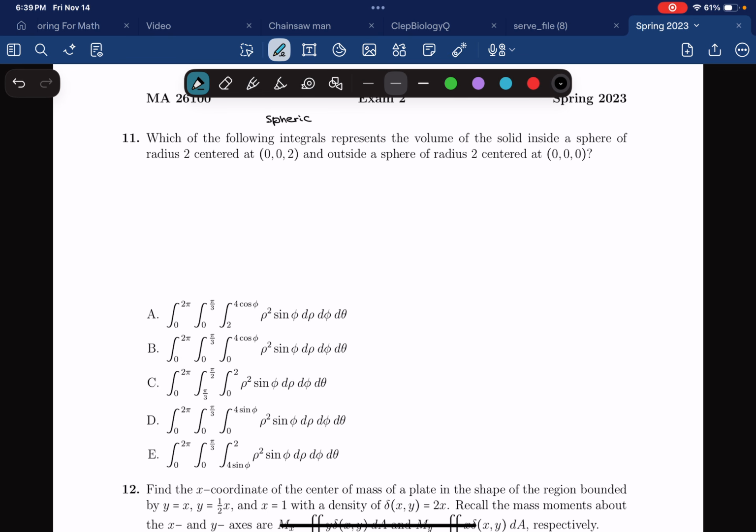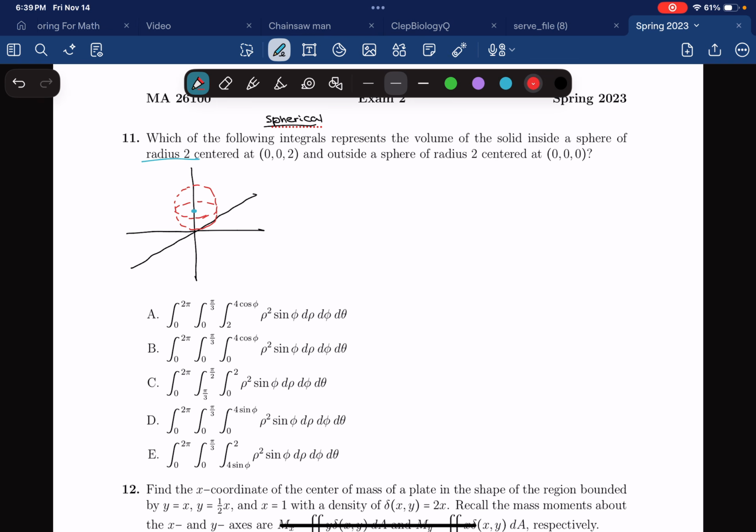But this is a spherical question, and allow me to kind of draw it out how it looks, right? So you have this first sphere, and it goes at around 0, 0, 2, and then it has a radius of 2. So it kind of looks like this, yeah.